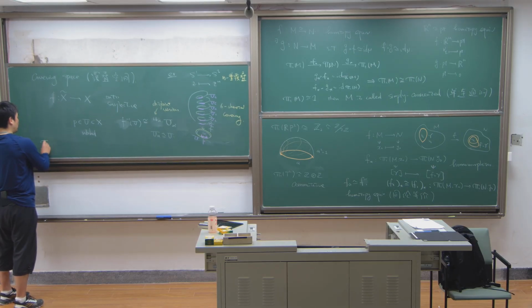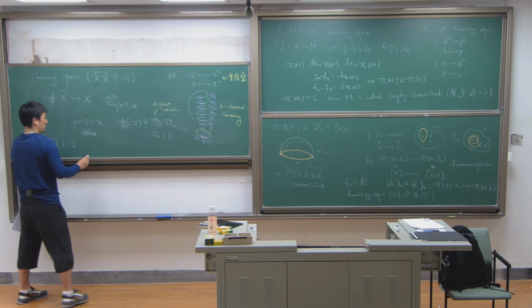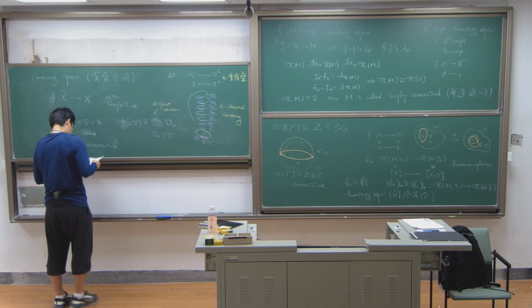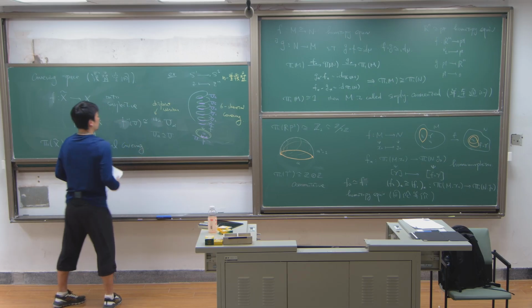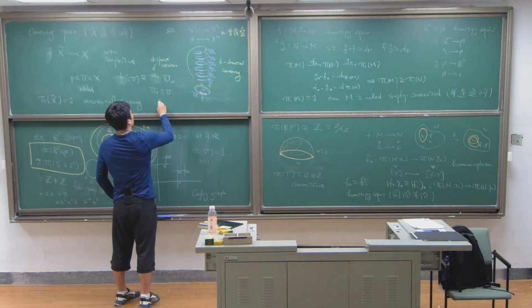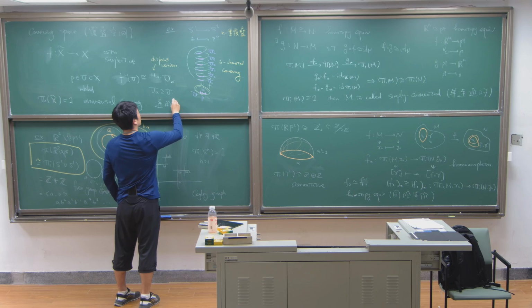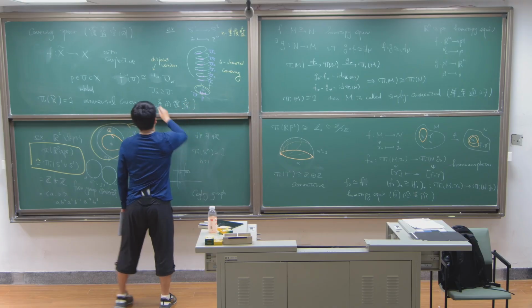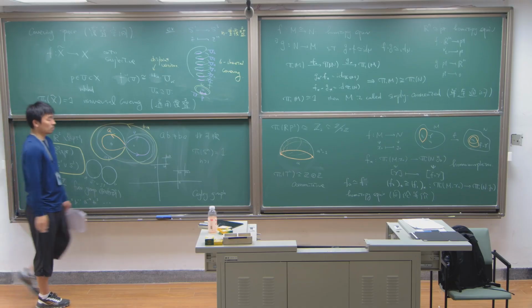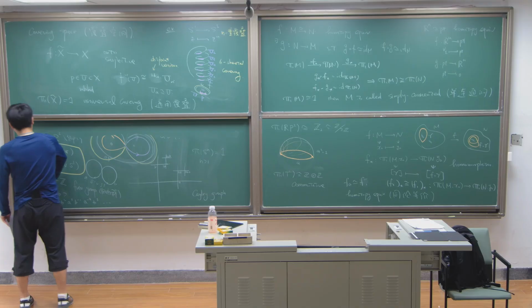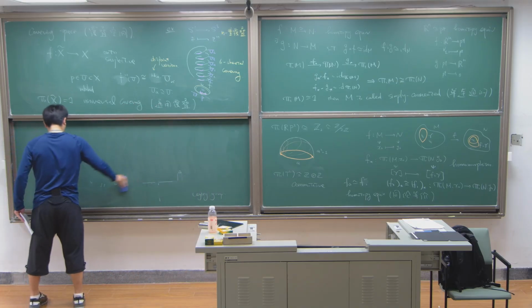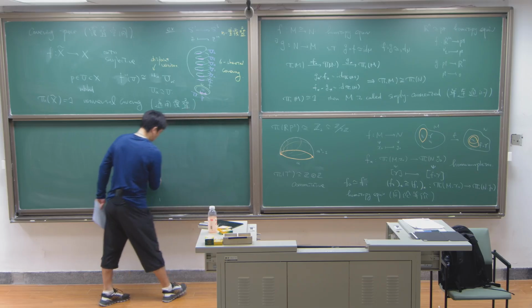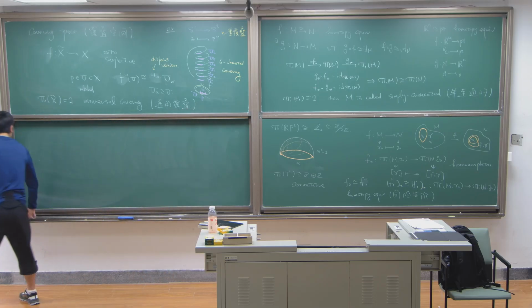In particular, if pi 1 of X tilde is trivial, it's called a universal covering.